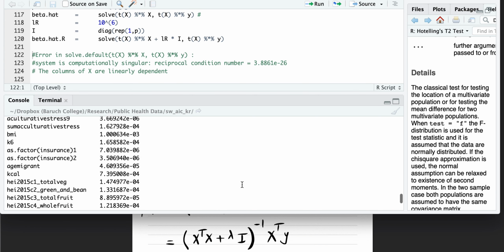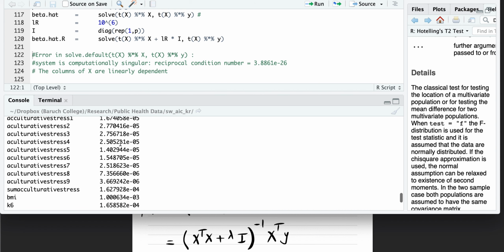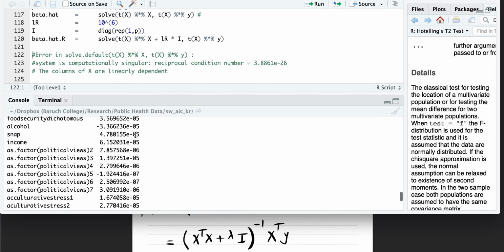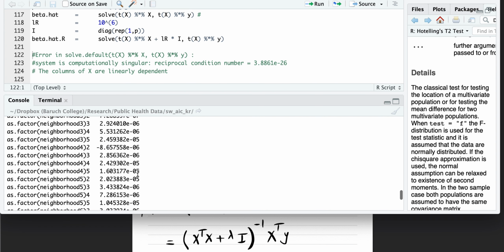Now the thing is that, yes, as we increase lambda, the coefficients get smaller and smaller, but they are never clamped to 0.